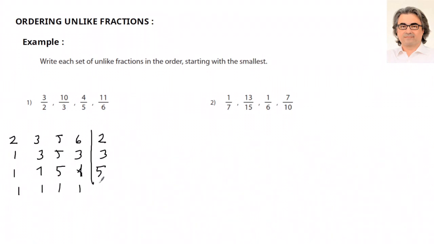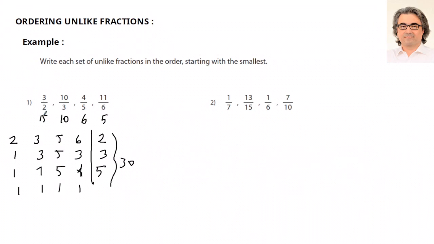So multiply these three numbers. 2 times 3 is 6, 6 times 5 is 30. 30 is the least common multiple of 2, 3, 5, and 6. So 2 should be multiplied with 15, 3 should be multiplied with 10, 5 should be multiplied with 6, and 6 should be multiplied with 5. Then we'll get which fractions?